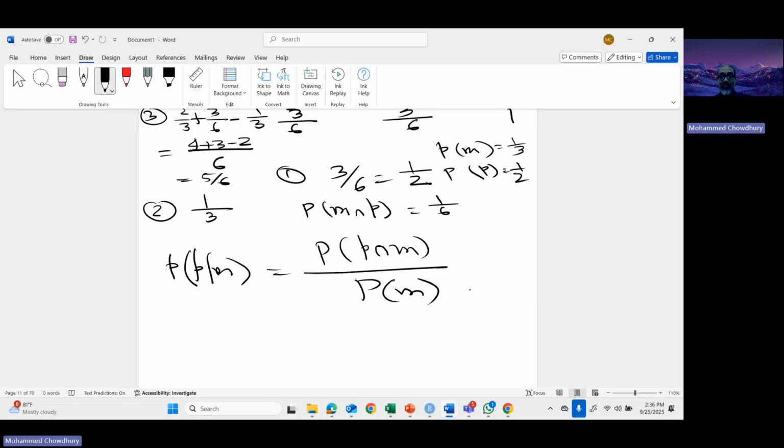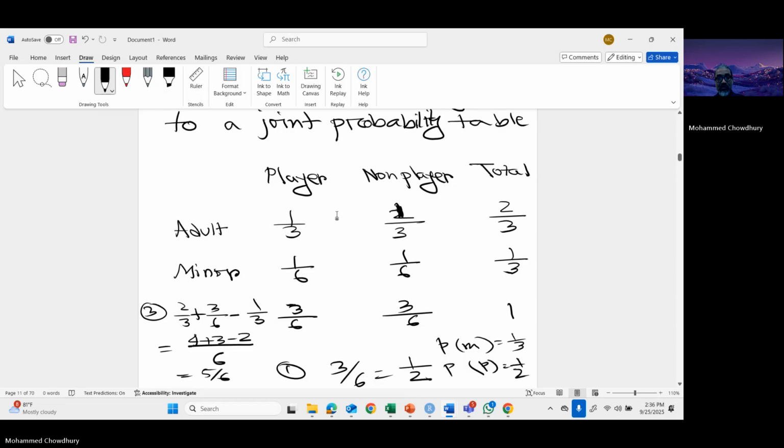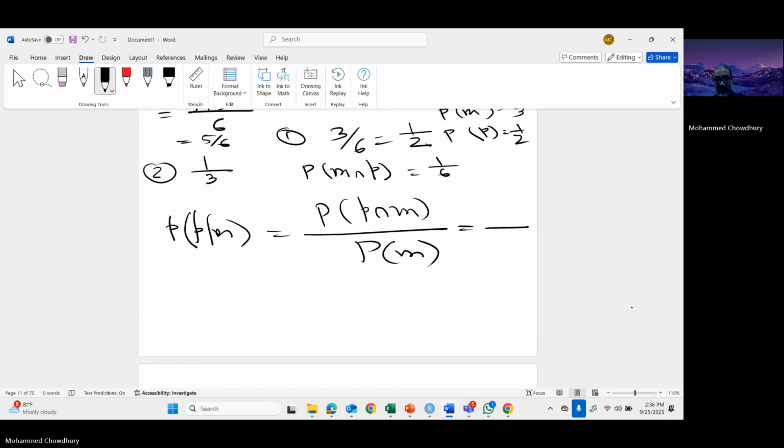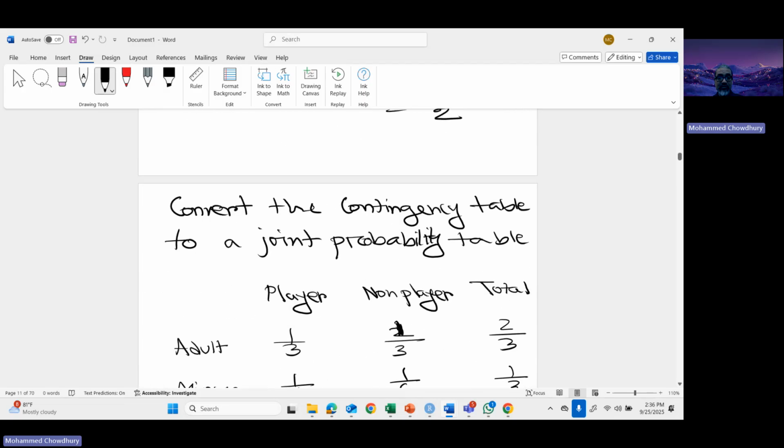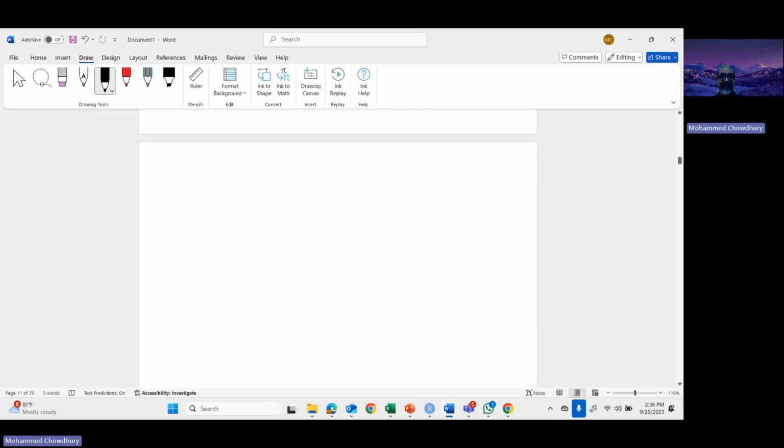The probability of minor is equal to 1 over 3, and minor and player is equal to 1 over 6, which is equal to half. Okay, so this is the way you can do this one.